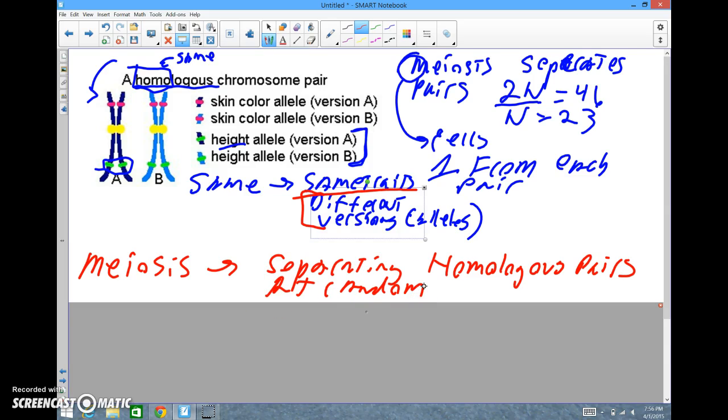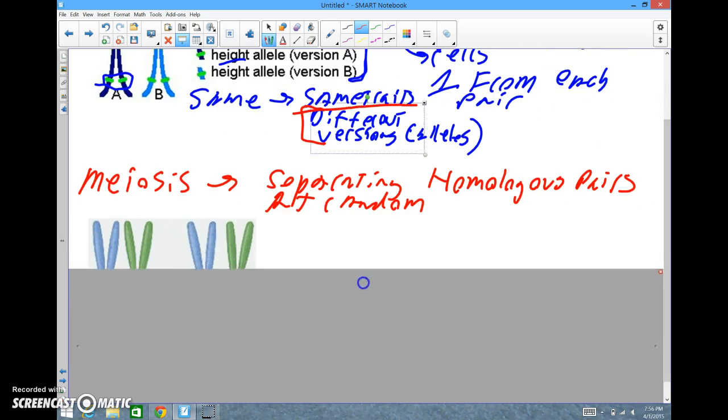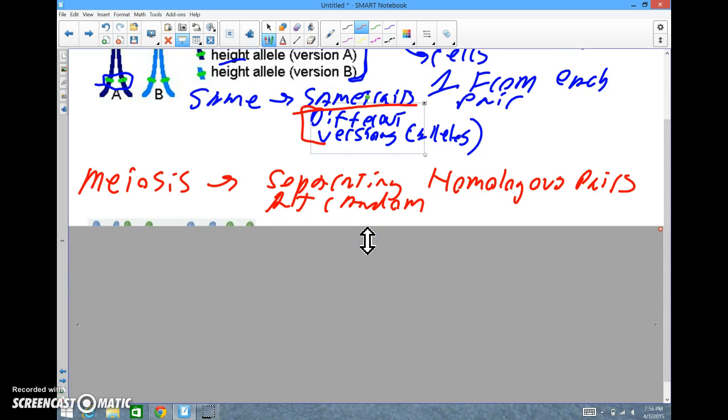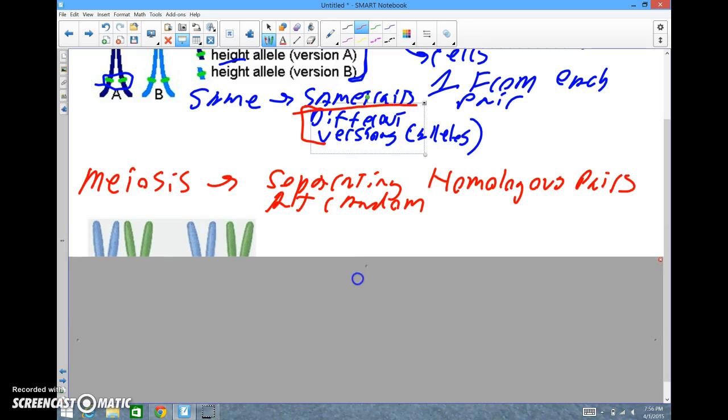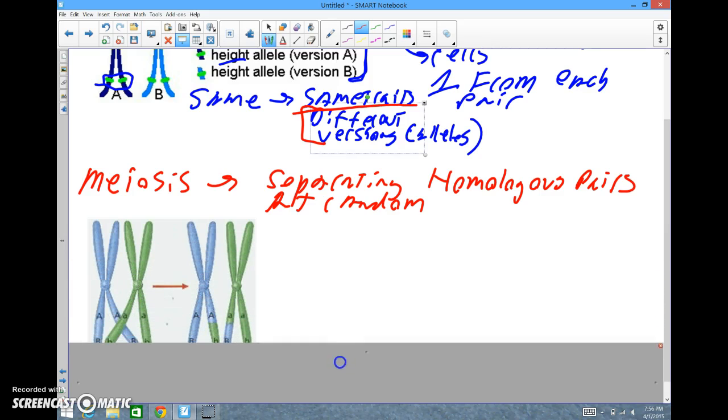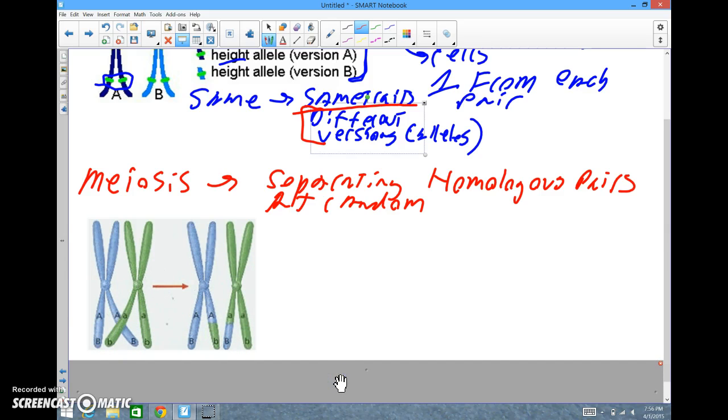So that way, every egg or every sperm will have one chromosome 1, but which one they have is random. Now, the last thing I want to talk about in this video is how those Mendelian probabilities stay the same. Because you can see right here, this A and B chromosome are stuck together. I'm sorry, this A and B allele are stuck together.